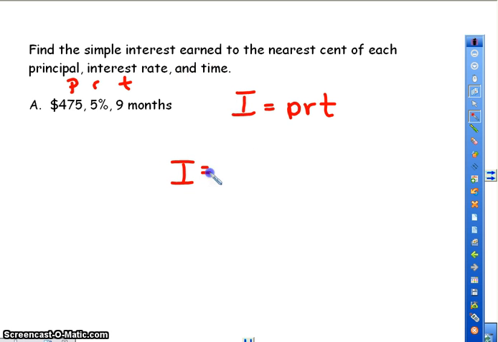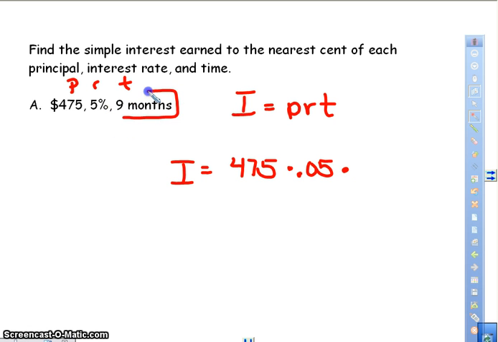So I'm going to do 475 times 0.05, and then I'm going to multiply by the time. Now remember, the time, if it's given in months, has got to be in years. So I'm going to take my months, which is 9, and divide it by 12 to convert it to years. And I get 0.75, okay, because it's 0.75 or 3/4 of a year.